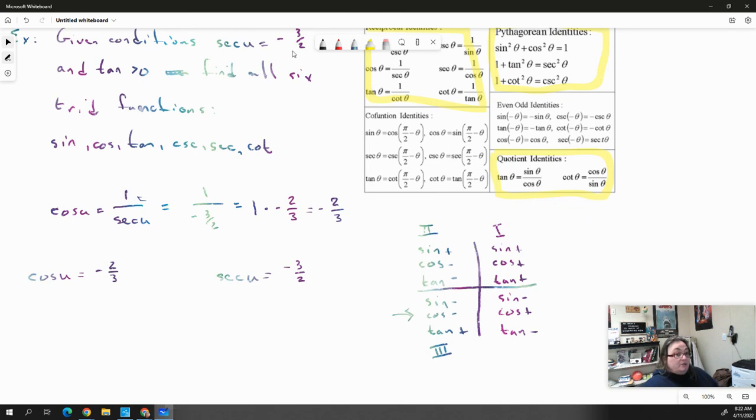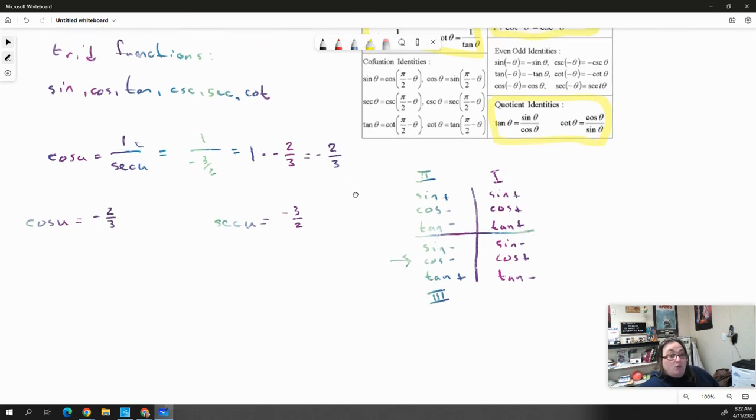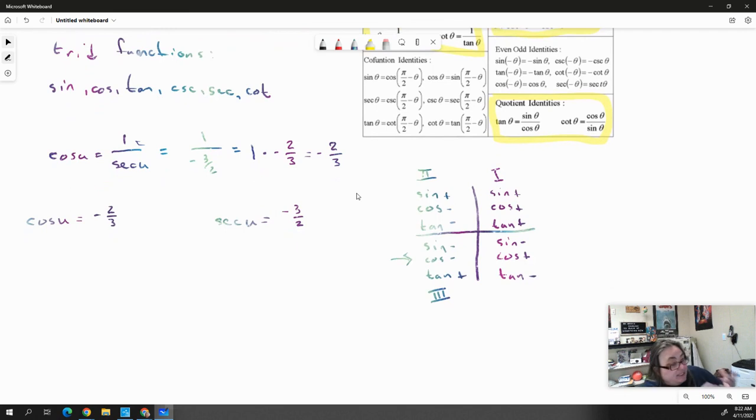Why is this important? Because anything related to sine is also going to be negative. So sine would be negative, cosecant would be negative, cosine would be negative, and secant would be negative. But tangent and cotangent are going to be positive. What we've learned is it's in quadrant 3.